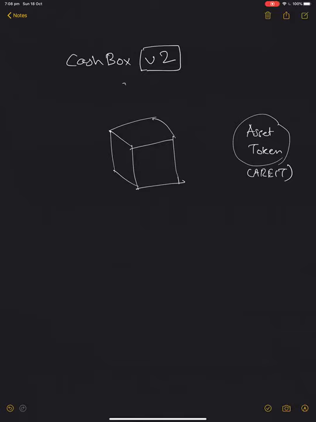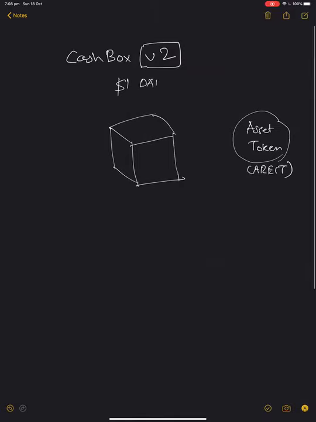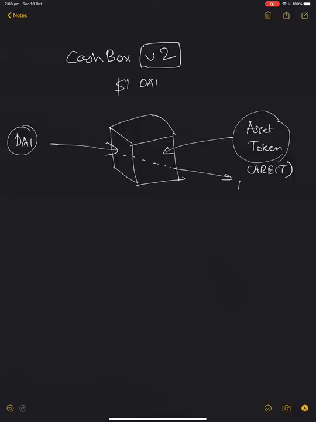So you can set, let's say, $1 or one DAI. So you put in DAI on this side, and somebody can put in their asset token over here, and they can take the DAI out, depending upon what the price point was.